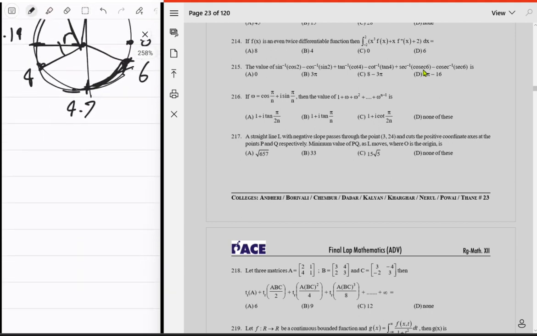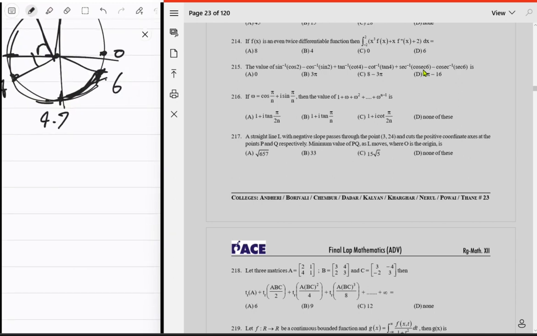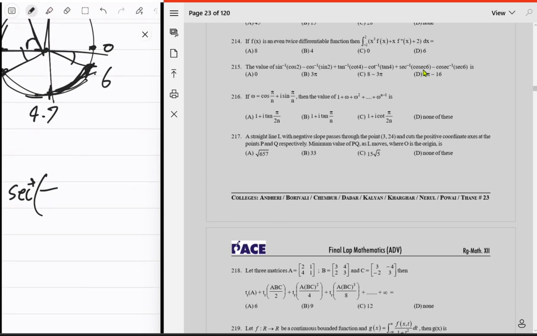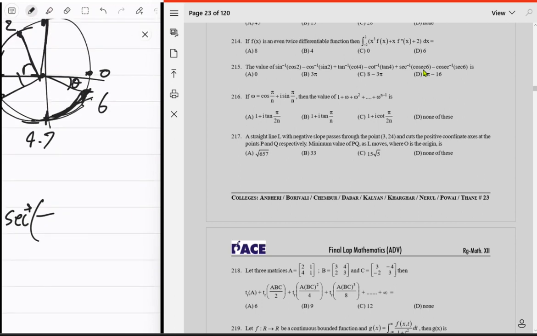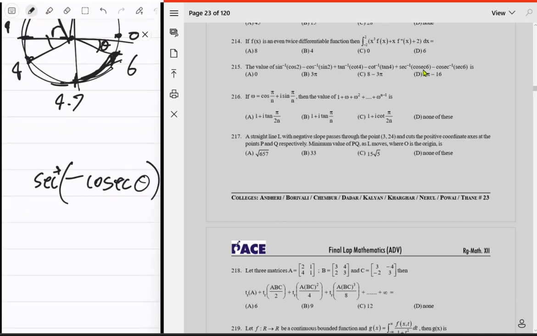So cosec of 6 it's like वो निगेटिव में आएगा. Of course this is negative secant inverse of negative of ये वाला angle, which is just, call that angle as theta, right? So just negative cosec theta. Okay, then what? Secant inverse of negative cosec theta.